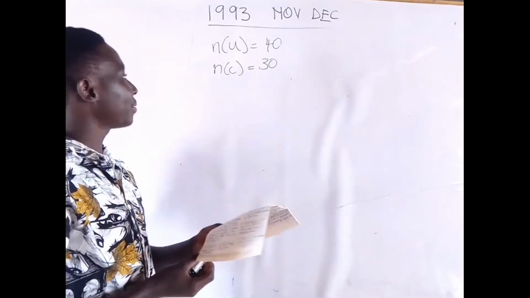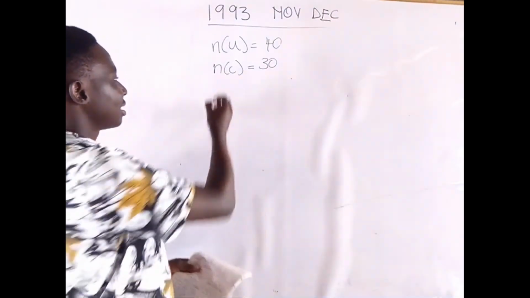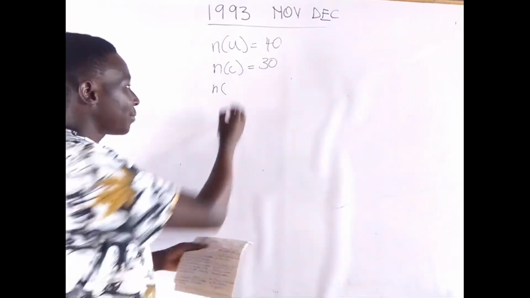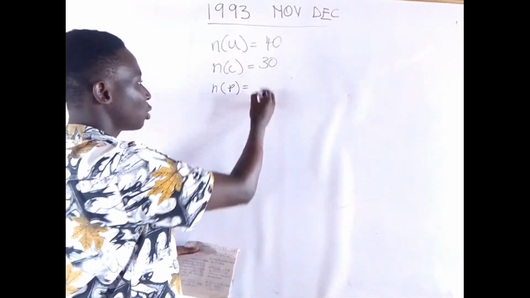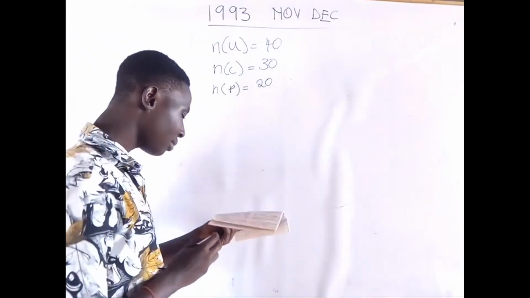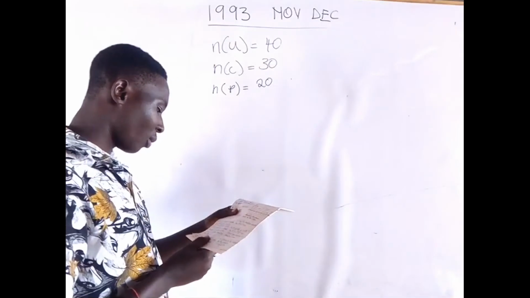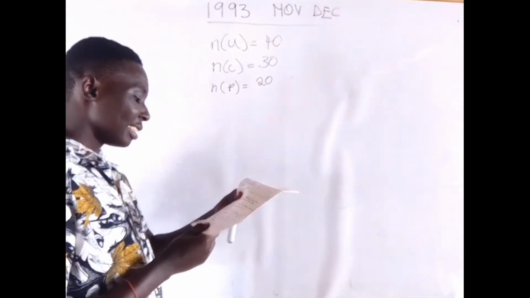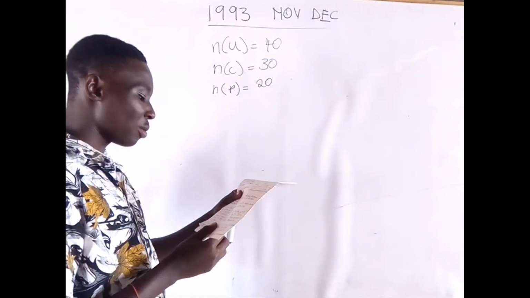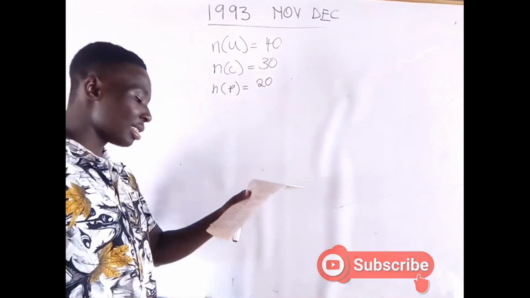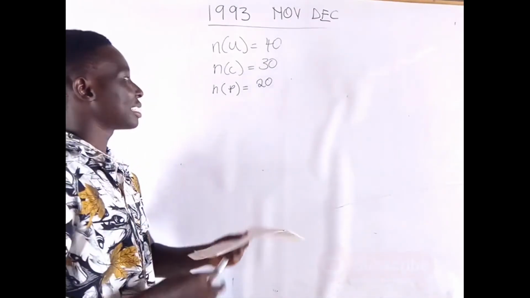And 20 read physics. What is the probability that a student chosen at random in the class reads both chemistry and physics?